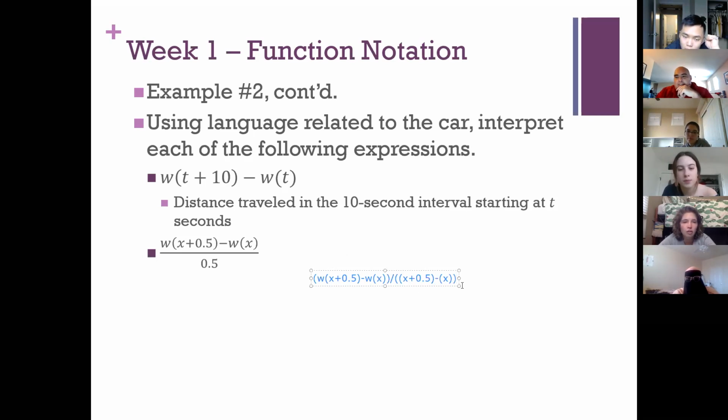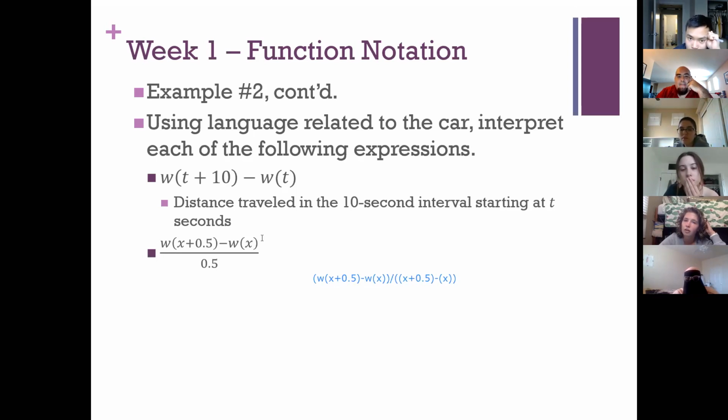Does the way I've written this look familiar to something you've seen before? What does it look like? Average rate of change. In this context, if you just look at the numerator, what does the numerator represent?